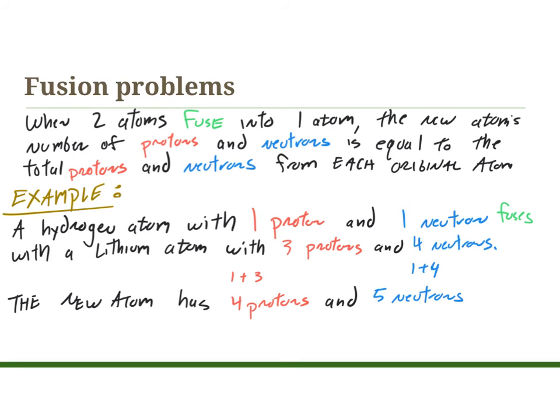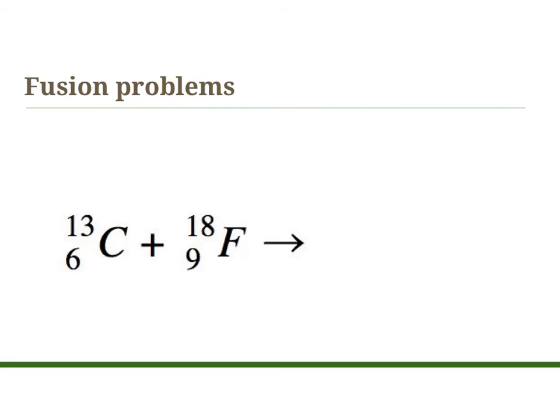So in that particular example, we were told the number of protons and neutrons, and we just had to figure out how many protons and neutrons were present. Now, this particular example is also like what you're going to see for homework tonight.